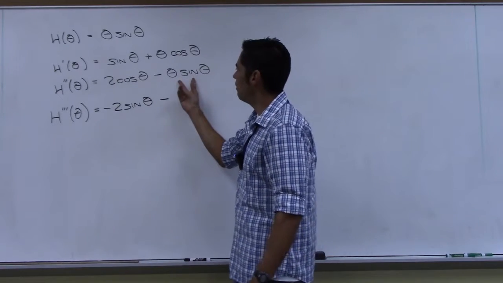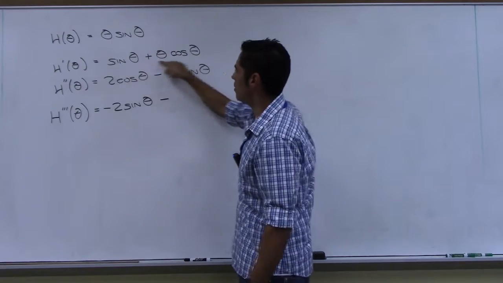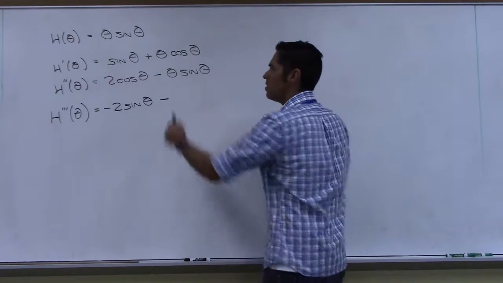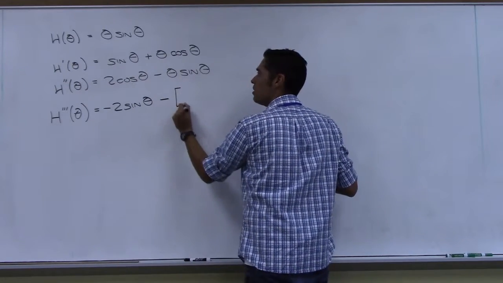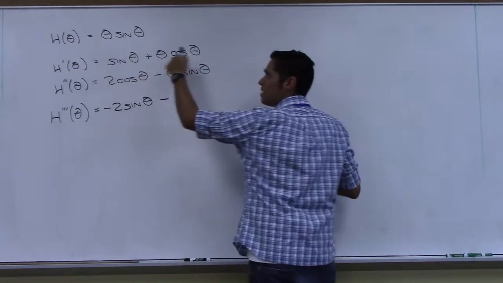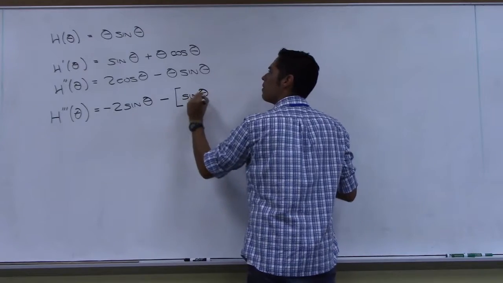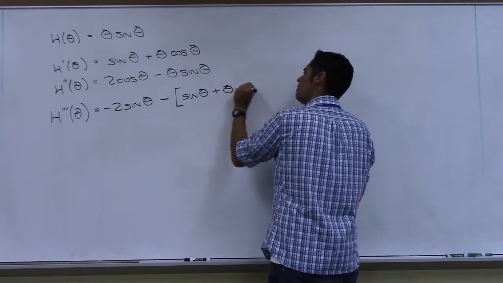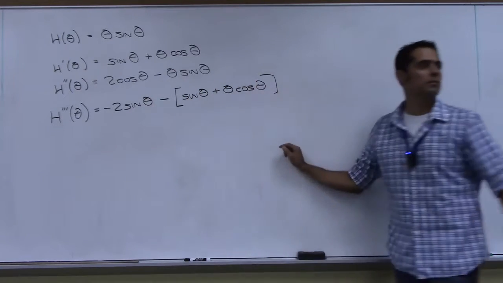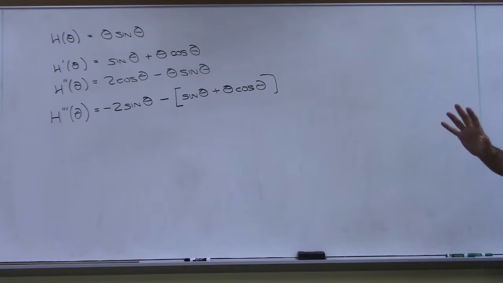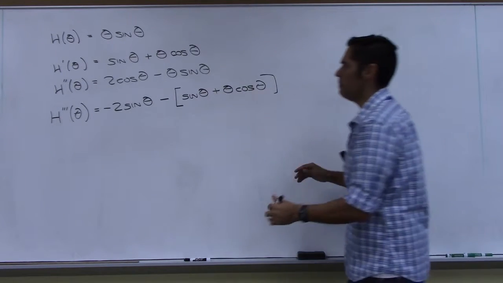What is the derivative of theta sine theta? It's this, isn't it? So I can say minus, without having to do the work, because I already did the work, it should be minus that expression, yes? So minus sine theta plus theta cosine theta. Is everybody following what I'm doing here? Any questions? All right, so now let me clean this up.